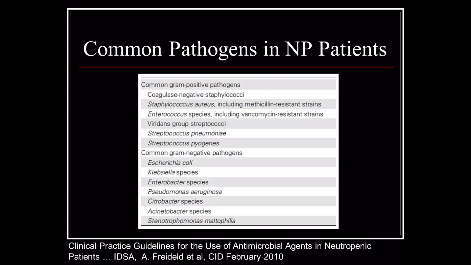This is a snippet from the IDSA guideline on common gram-positive pathogens: coag-negative staph, Staph aureus, Enterococcus, strep viridans coming from the mouth, strep pneumoniae, strep pyogenes, and multiple gram-negatives, of which I want to put a special notation for Stenotrophomonas. Stenotrophomonas is a big issue for patients that have been on carbapenems before.